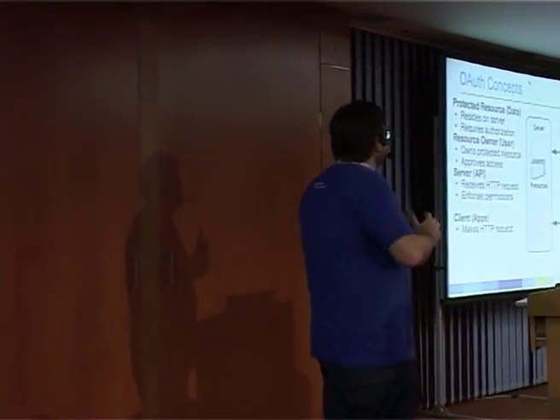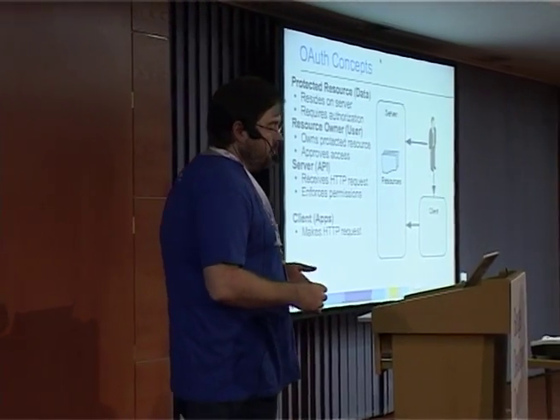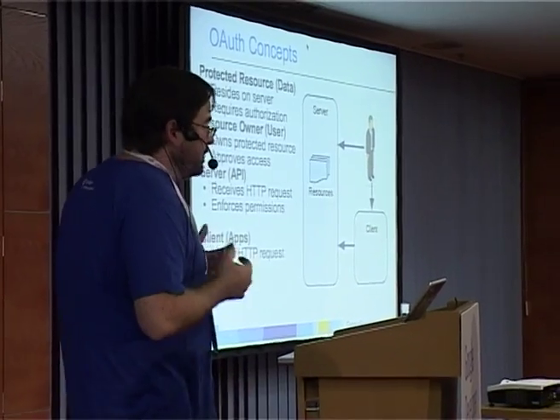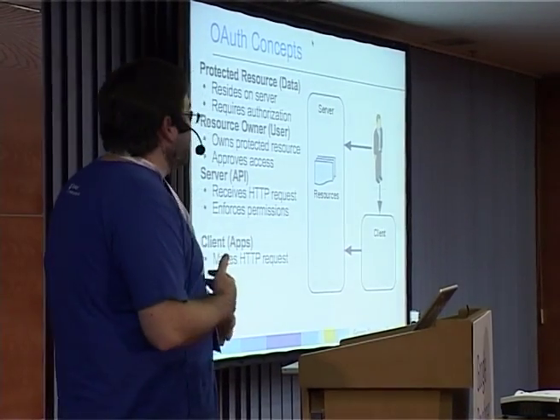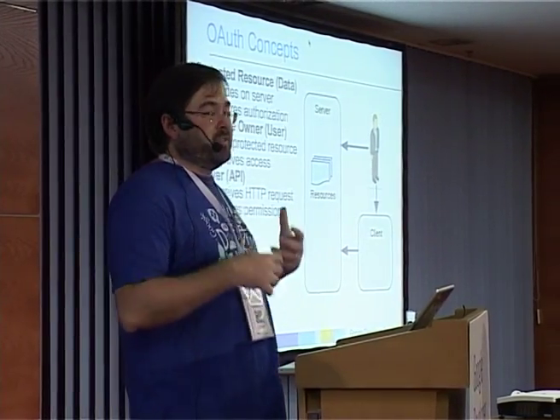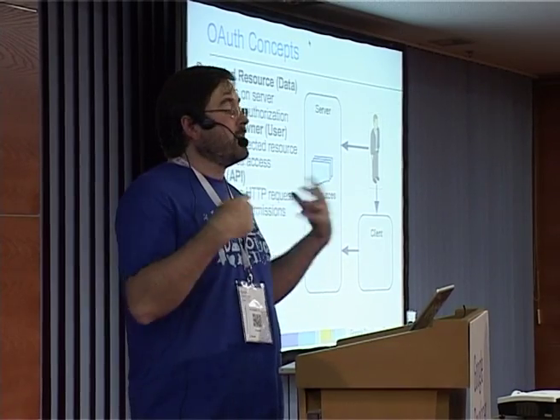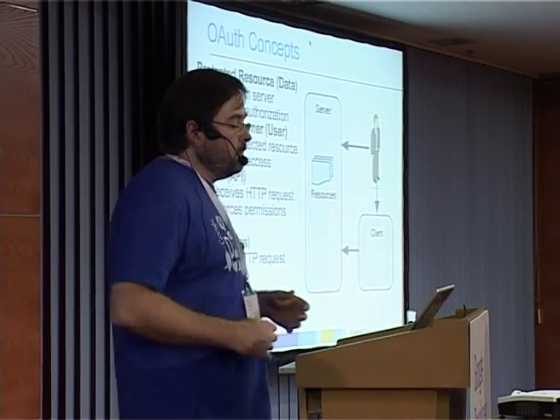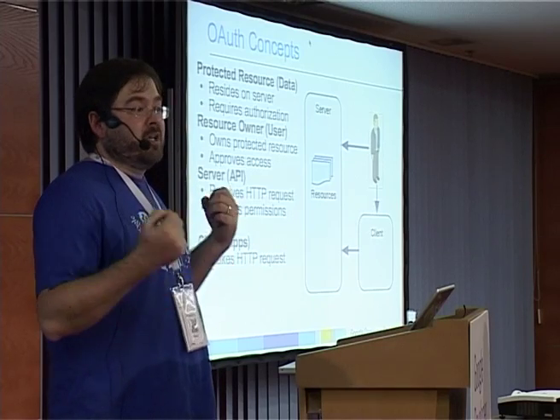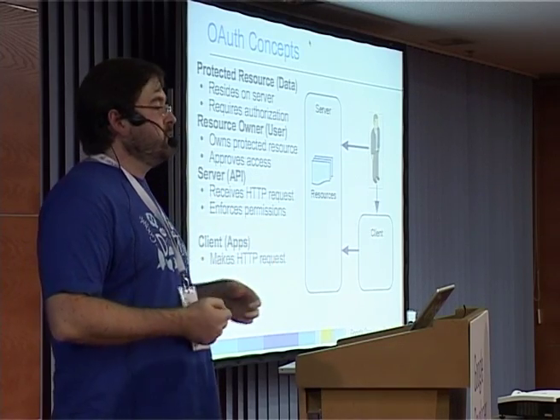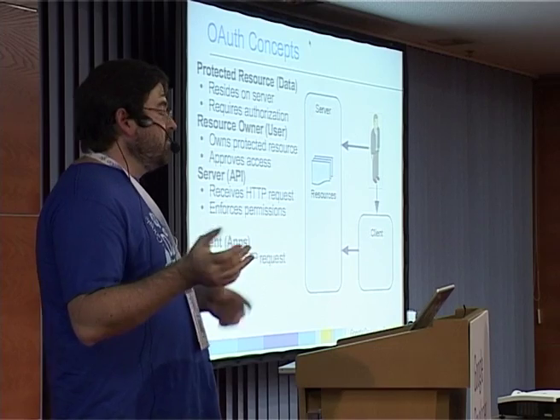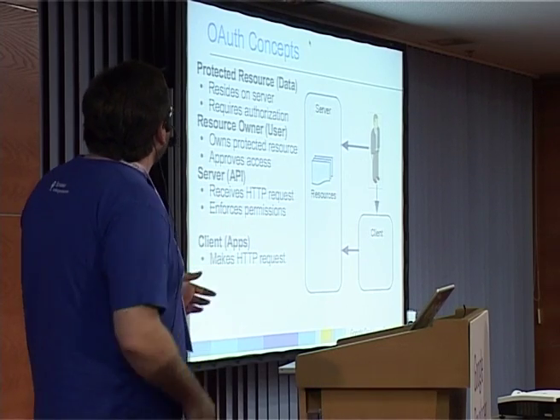Before we go in, there are a few terms I want to go over that are really useful to understand. There are really four concepts at play here. One is the protected resource, which is just the data that you want to protect and give access to for a third party. This could be my mail, my calendar, contacts in my address book, photos on Flickr, anything like that.